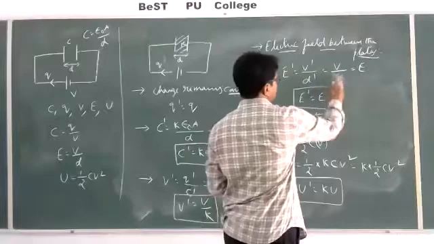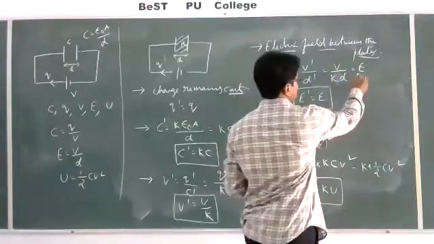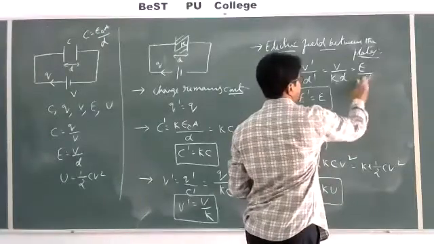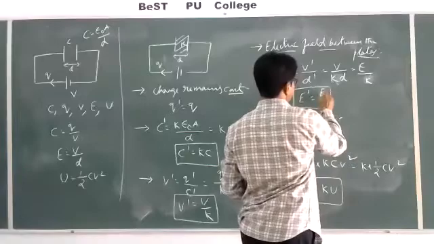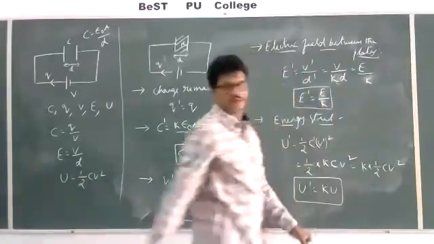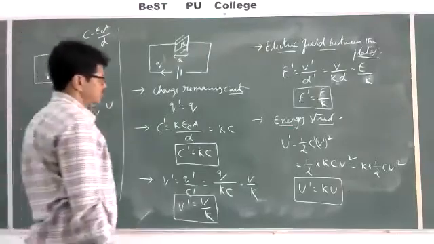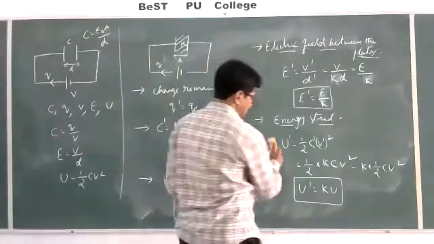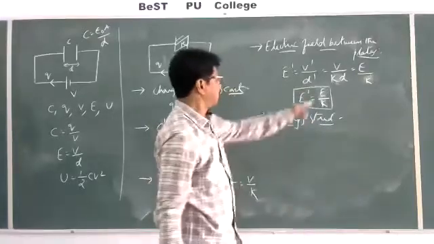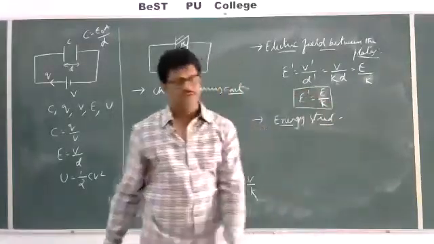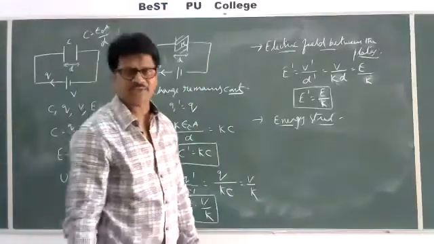V dash is equal to V by K, which gives E by K. Therefore, E dash is equal to E by K. So, what happens to the electric field between the plates? It decreases to K times.